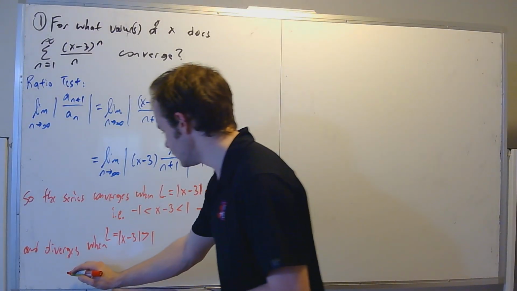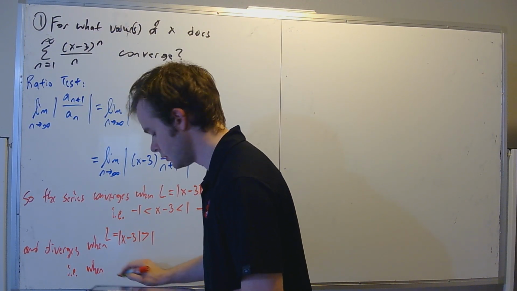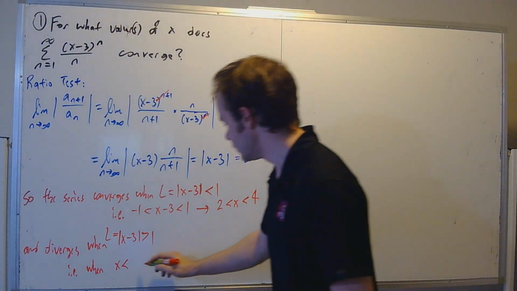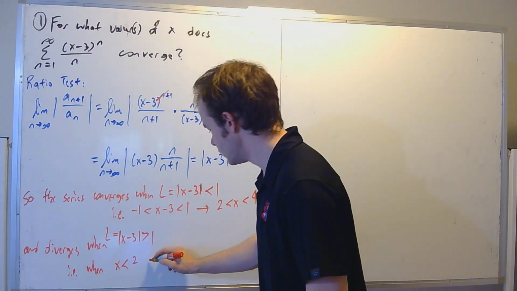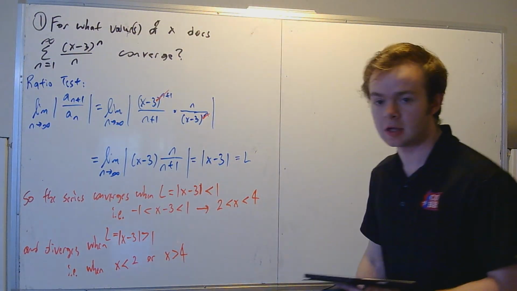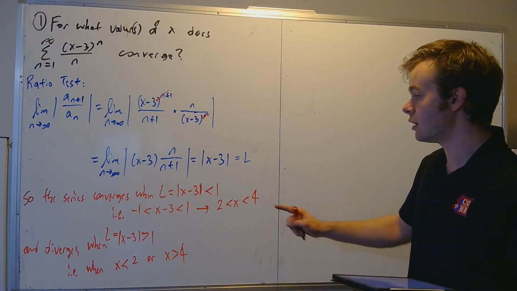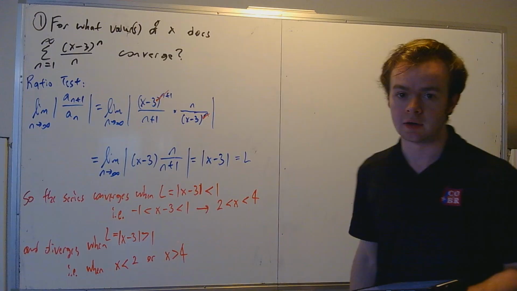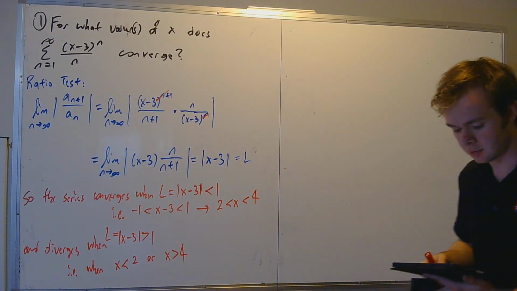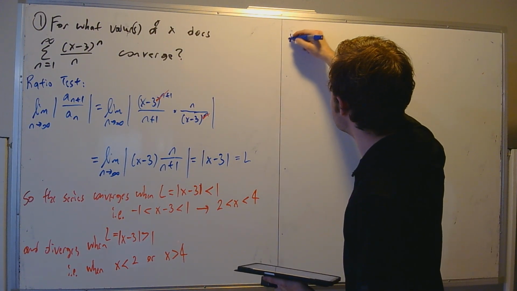So we can say, i.e., when x is going to be outside of this range, so x is less than 2, or x is greater than 4. But notice I didn't say anything about when x is equal to 2 or when x is equal to 4, because that would be when L is equal to 1. And remember, the ratio test doesn't say anything about when L equals 1. So I'll write that down on the next page here.